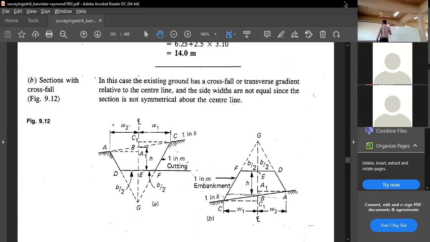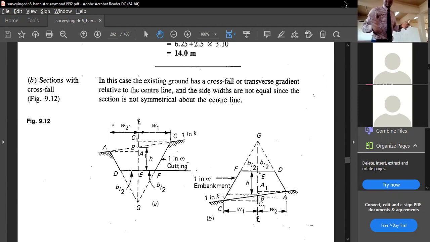Basically two slopes, one on the side slope and one cross slope. So now you have to factor the sloping into it.